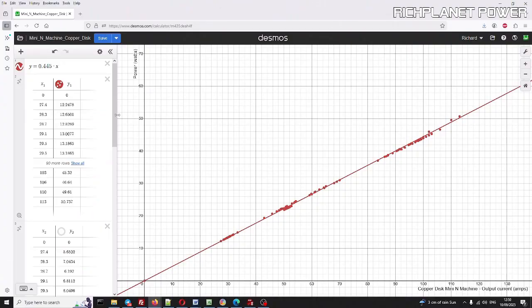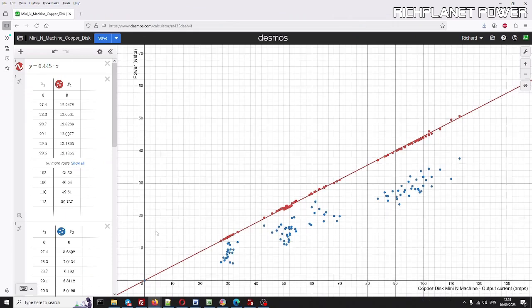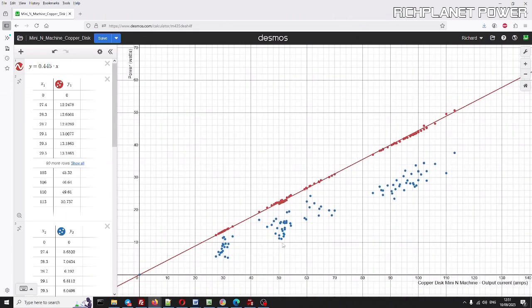Let's now plot on the graph the data points that were recorded for the incremental input power. The blue dots on this graph represent the incremental input power. These values were derived by measuring the drive motor's input power both before and after the load is turned on or off and taking the difference. The values were recorded over a range of different loads.